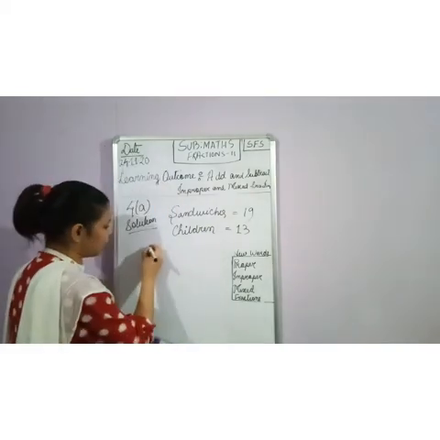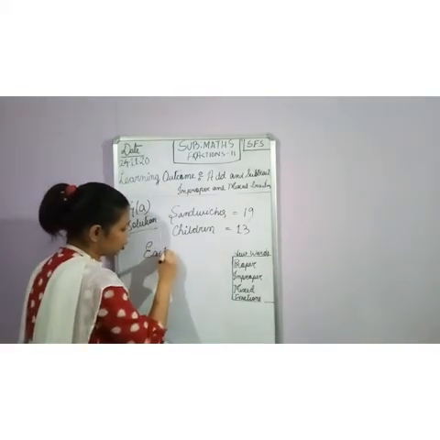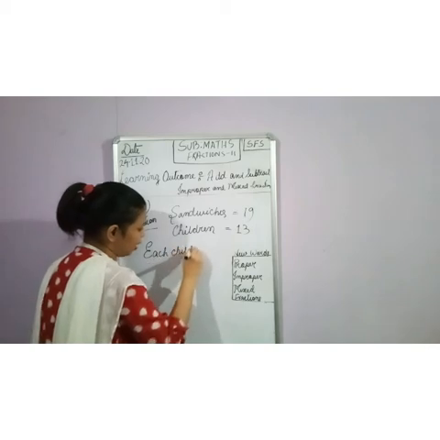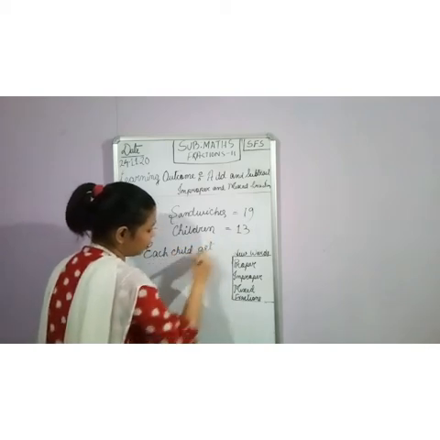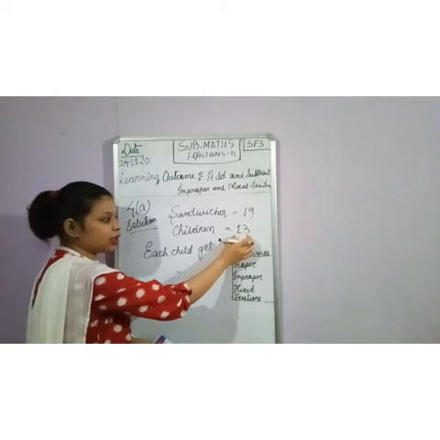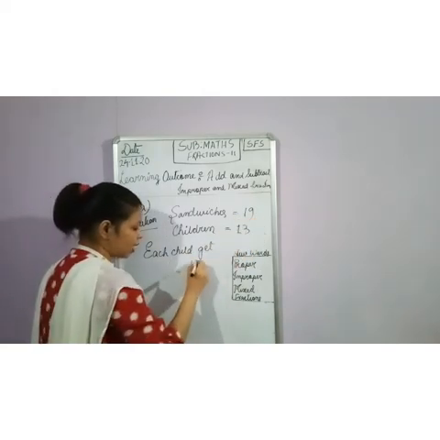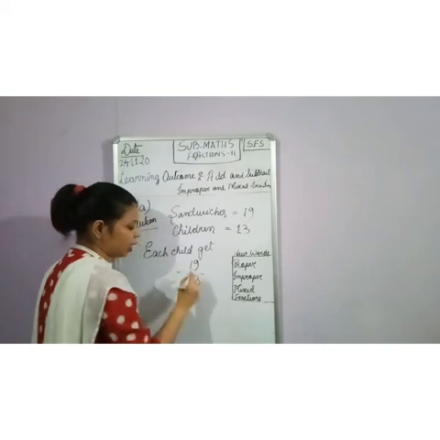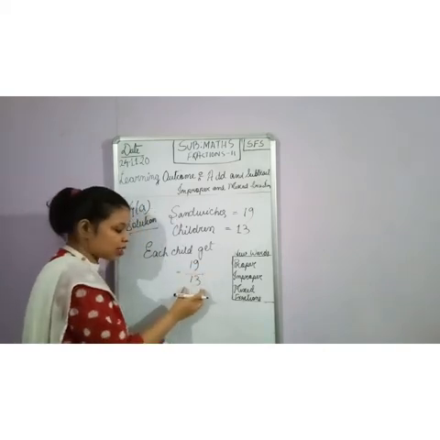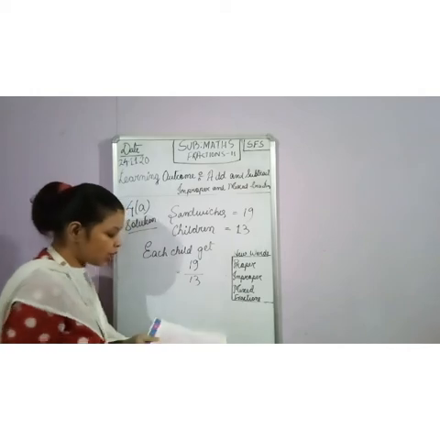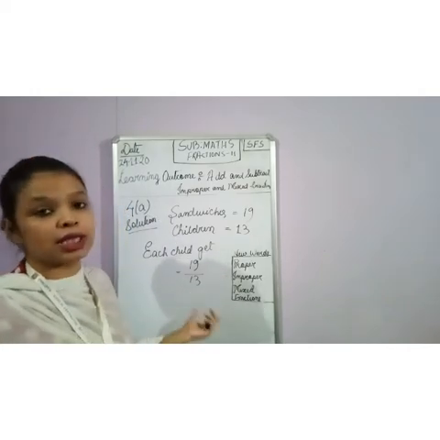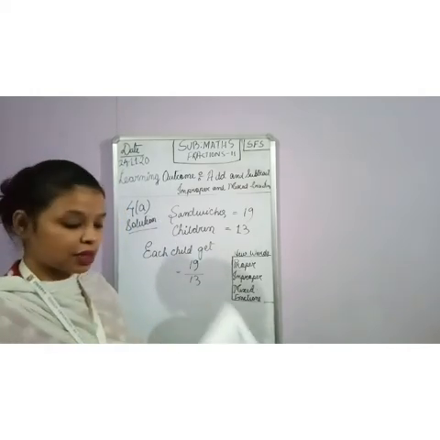Now each child will get, the number of children is 13, the number of sandwiches is 19, so 19 by 13. That means 19 sandwiches are distributed among 13 children. Now this improper fraction you have to express as a mixed fraction.